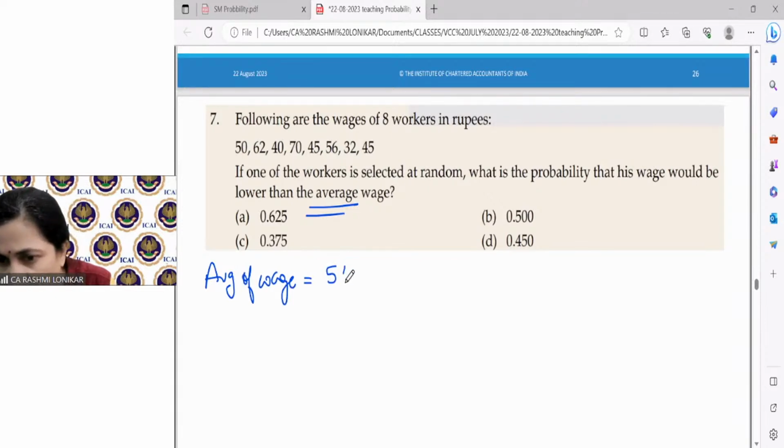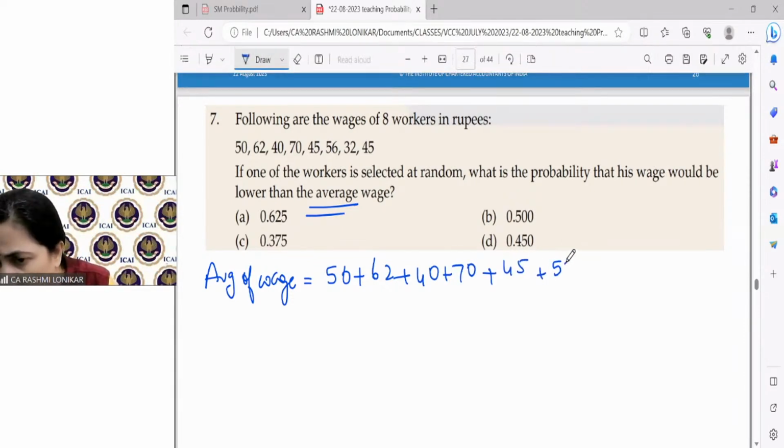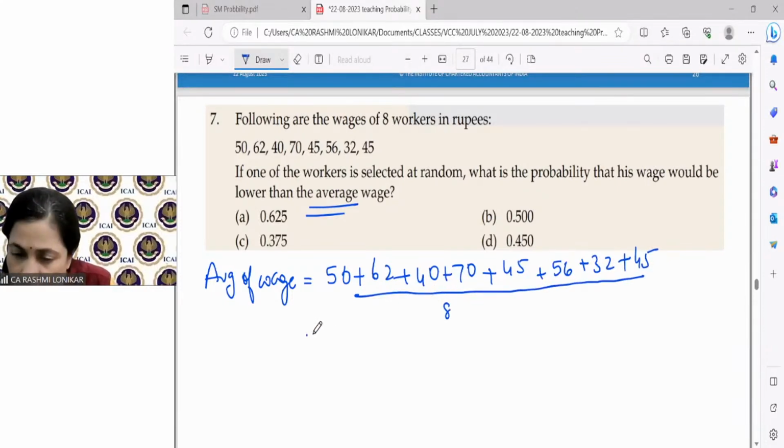So this is 50 plus 62 plus 40 plus 70 plus 45 plus 56 plus 32 plus 45, divided by 8. This is equal to 50.